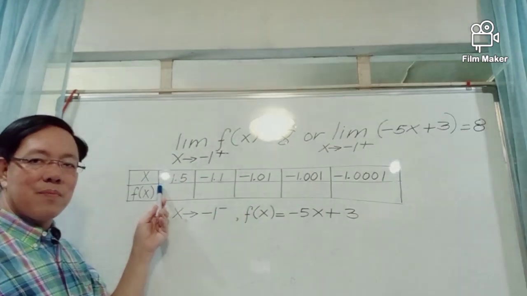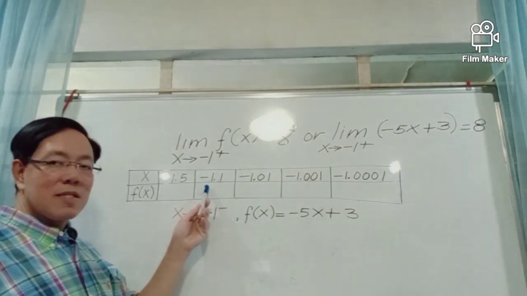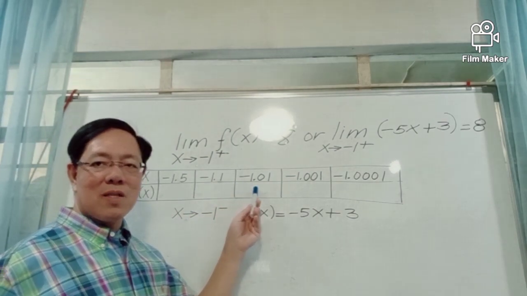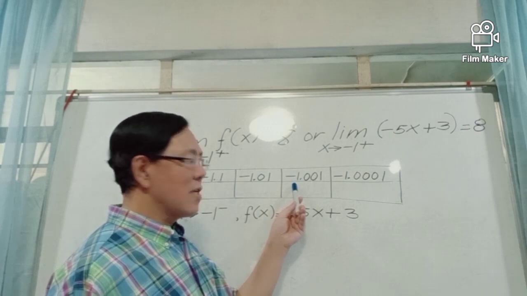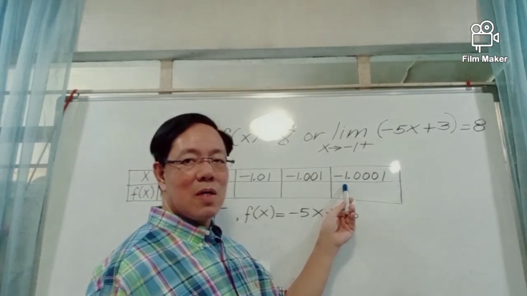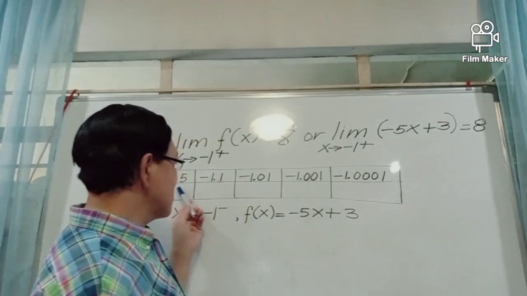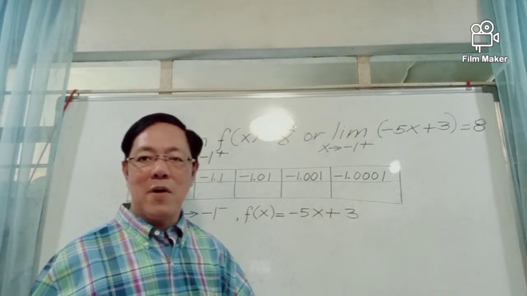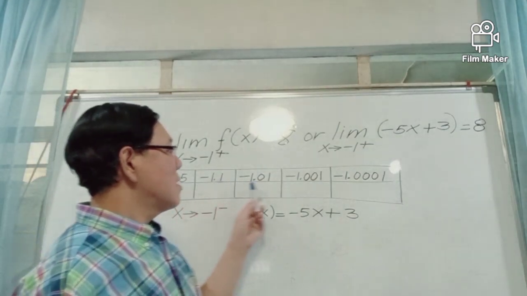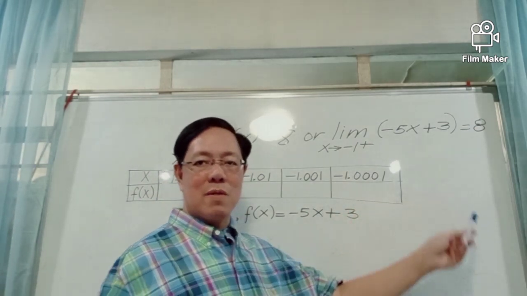We start with x equals negative 1.5, then x equals negative 1.1, then x equals negative 1.01, then x equals negative 1.001, and x equals negative 1.0001. All of these numbers are to the left of negative 1, and you can see that from negative 1.5, these values of x are approaching negative 1.